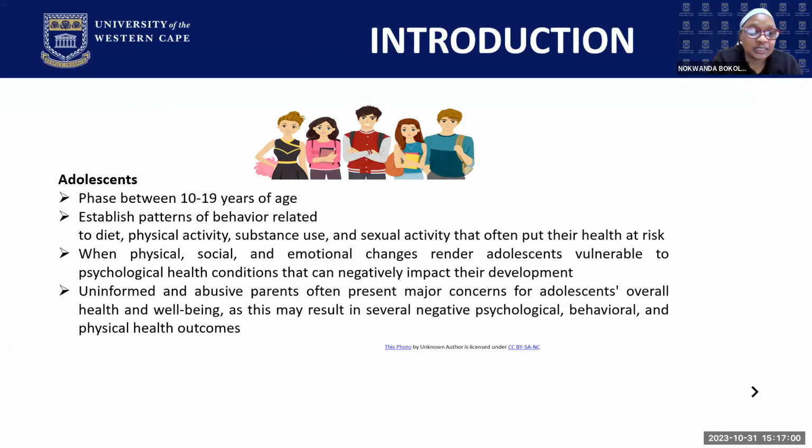Adolescence is a phase between 10 and 19 years of age. This is where they establish patterns of behavior related to diet, physical activity, substance use, and sexual activities that often put their health at risk, and also where physical, social, and emotional changes render adolescents vulnerable to psychological health conditions that can negatively impact their development.